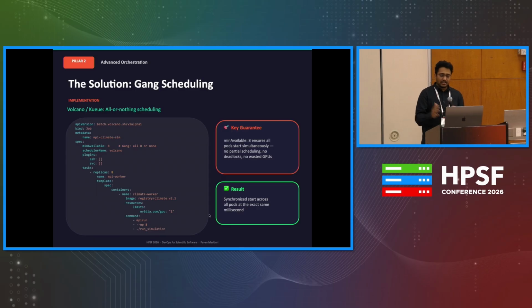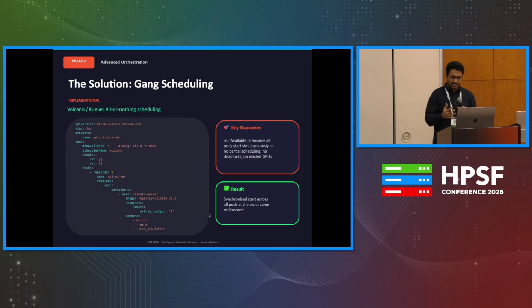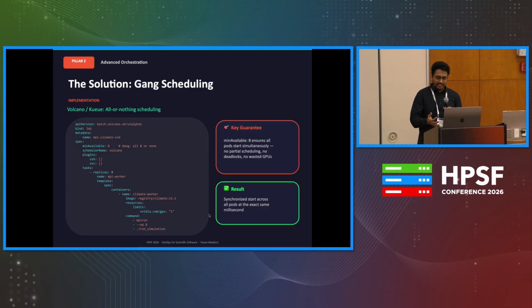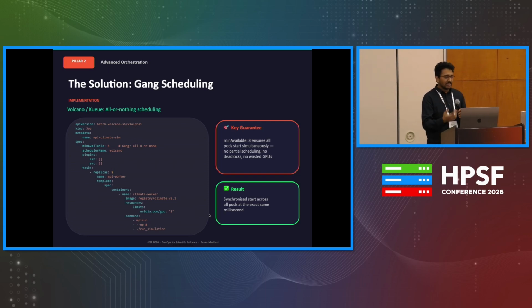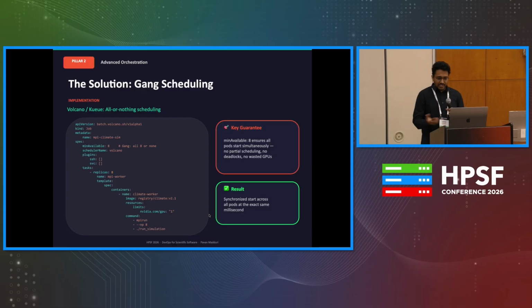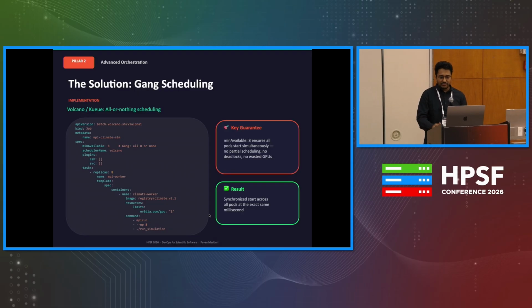It makes sure all 8 pods are running at the same time, so no GPUs are wasted and no specific pod has to wait to be scheduled. The result is no partial scheduling, no deadlocks, and no wasted GPUs sitting idle while waiting for siblings to spin up.